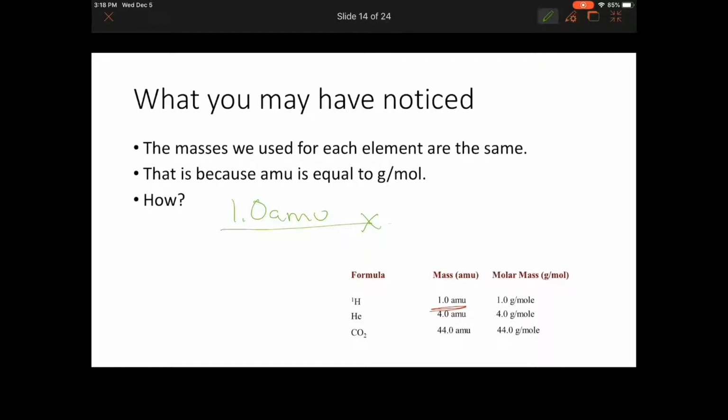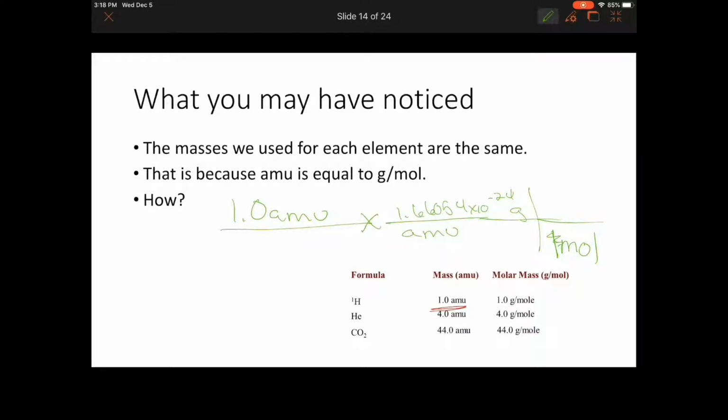And I have found a conversion here that gets me from AMUs to grams. So I have 1 AMU equals 1.66054 times 10 to the negative 24th grams, and it is over, and this is going to equal 1 mole.